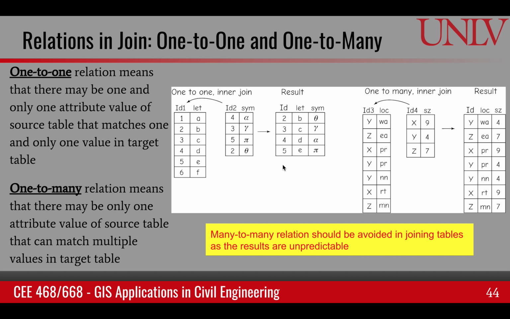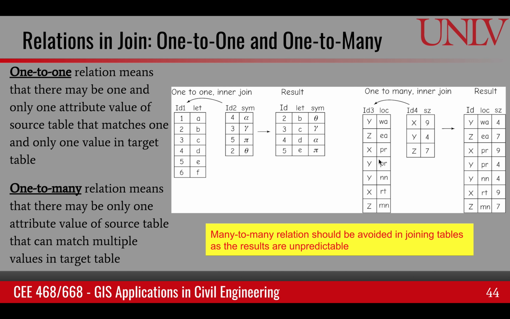So one-to-one is where a unique value on the source table matches to a unique value on the target table. And one-to-many is that it may be unique on the source, but there could be multiple rows in the target table that match. For example, for X, we have 2 matches, and for Y, we have 3 matches.